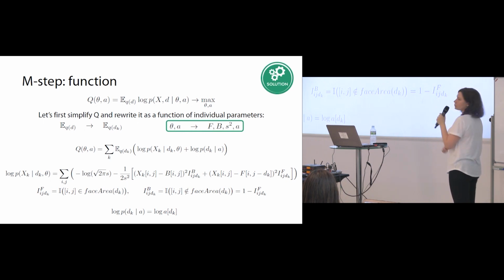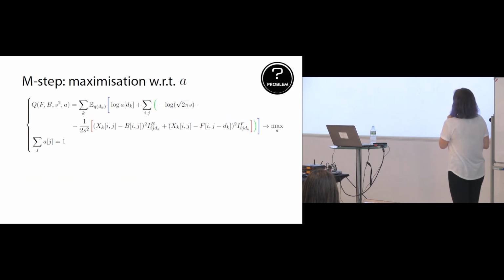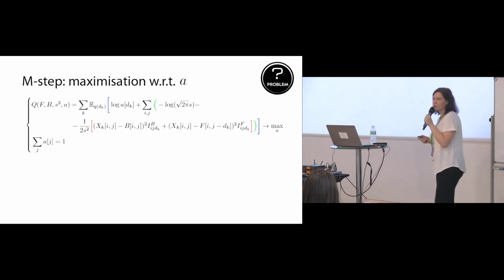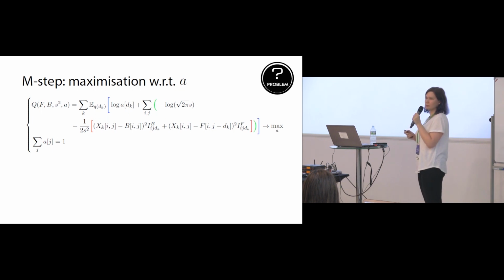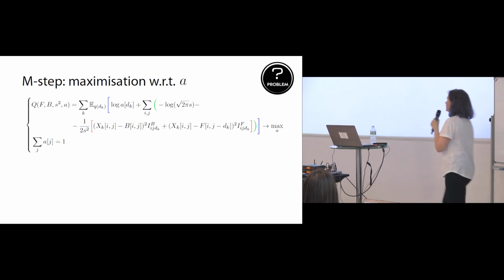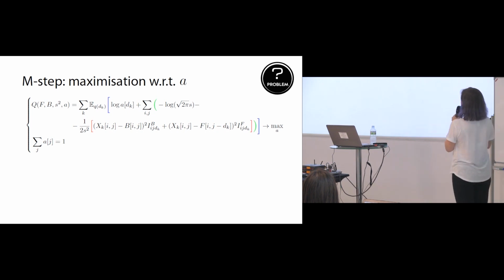Okay, now we have our formula. Let's maximize this Q function with respect to all the parameters. As Nadia suggested, let's do the optimization with respect to A together, and then you will do the optimization with respect to all the other parameters by yourself. So this is our long formula of Q. This is the same formula as on the previous slide, I simply combined it all together.